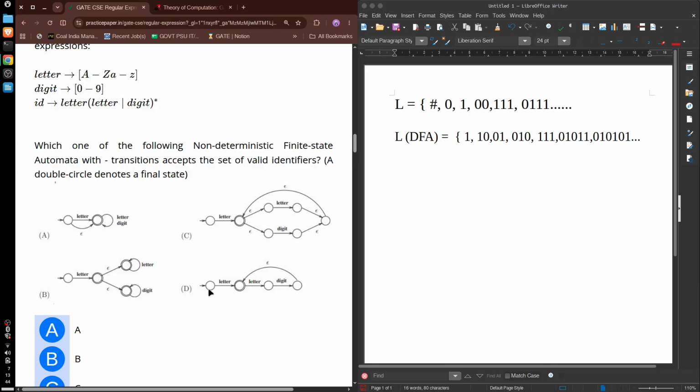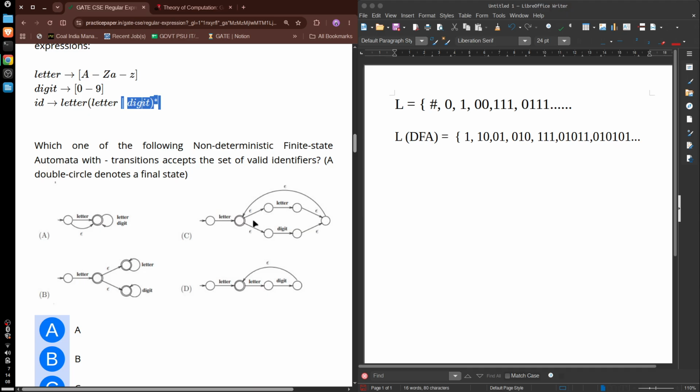So if we go with this D, and if we accept a letter, it's correct, right? If after that is a letter, okay, good. But this letter is not accepted, although here there is a digit as well, right? So these both should be making this acceptance, right? So one is not accepted, these two are simultaneously accepted. So that's why, because here it is an or option, right? So that means or.